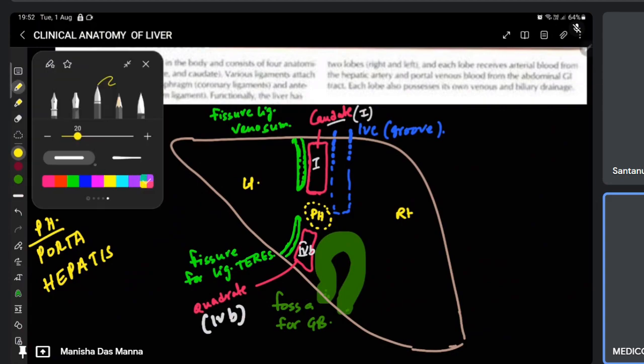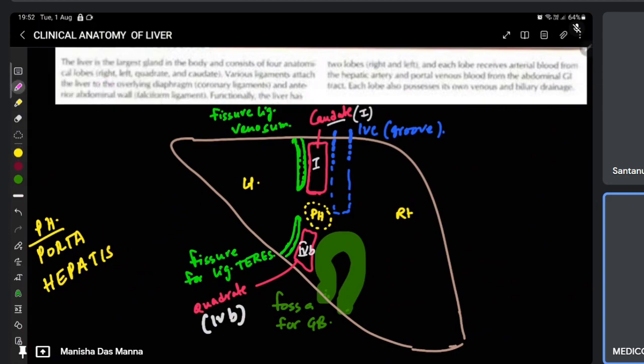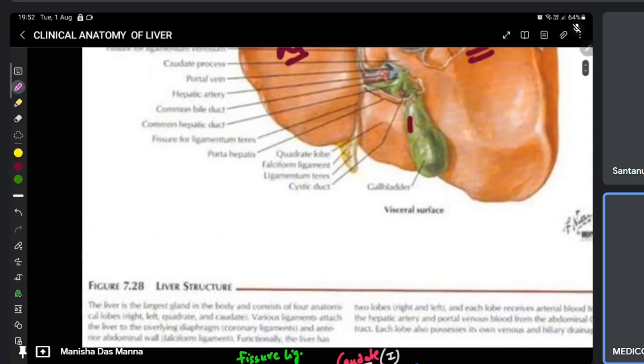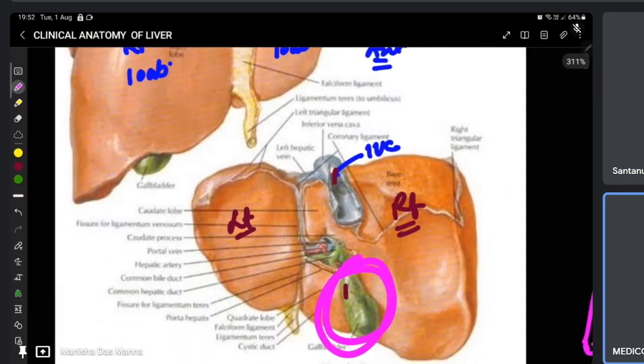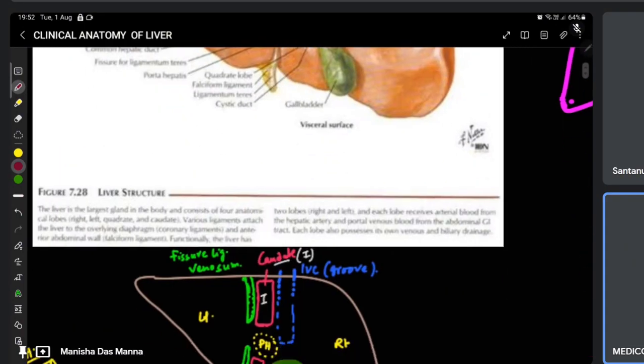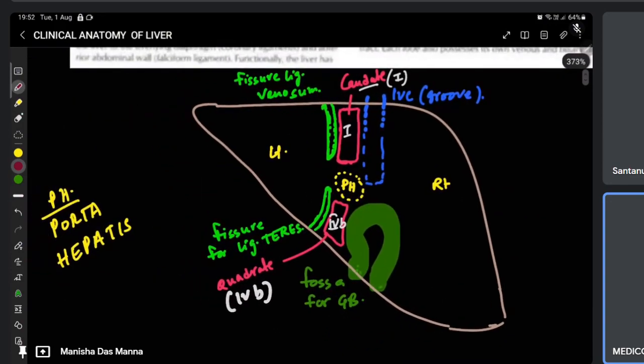So I already described the posterior aspect. There is a fossa for the gallbladder. This is called the fossa for gallbladder in the posterior aspect of the liver, where the gallbladder is lodged. And what is this?